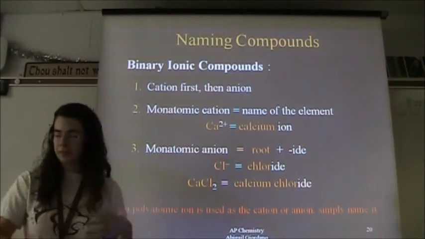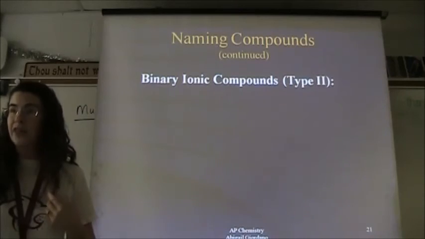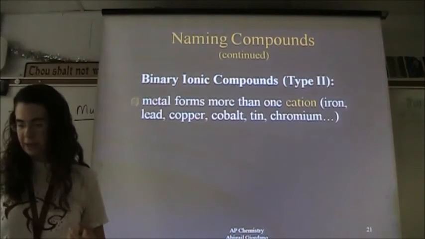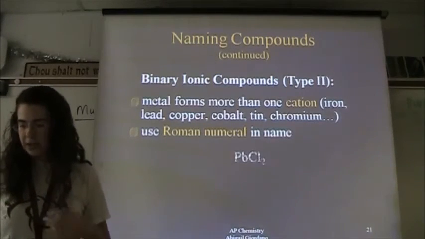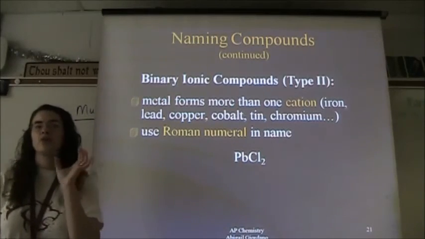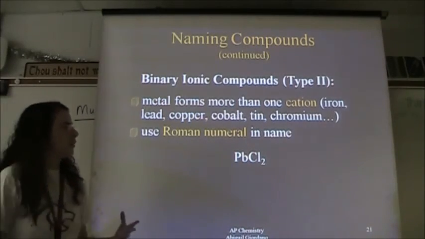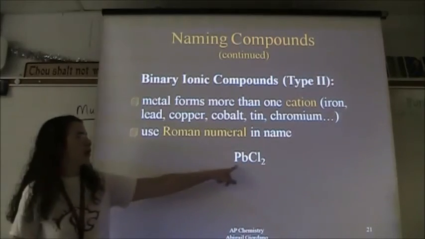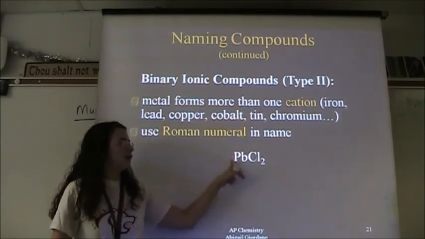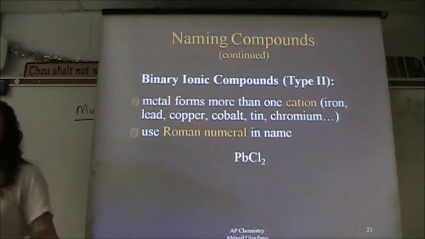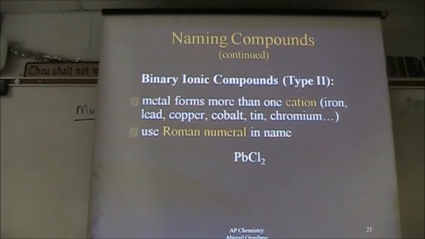This is one. The other, if you remember back from Chem 1, some things have a Roman numeral in their name. And the reason is, if you come across a metal that can carry more than one charge, where are those elements that can carry more than one charge?